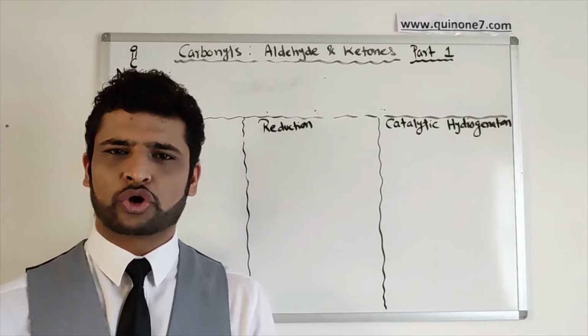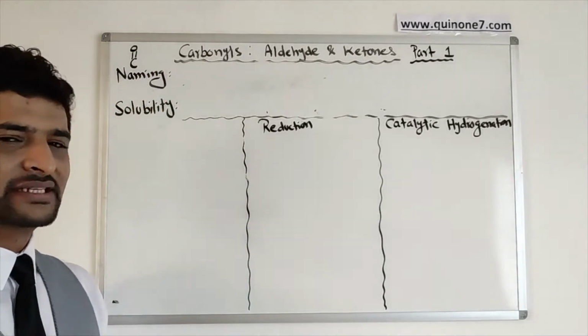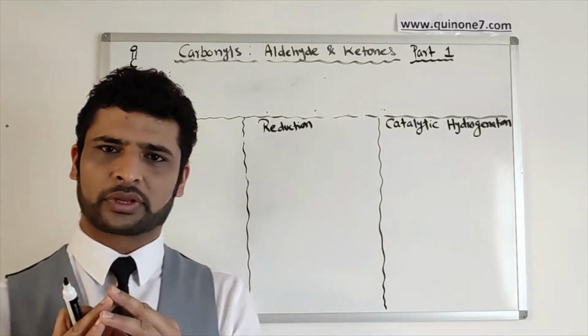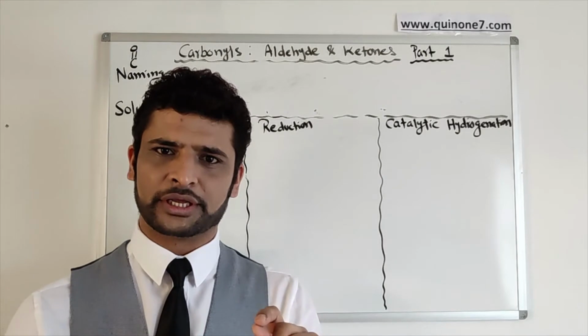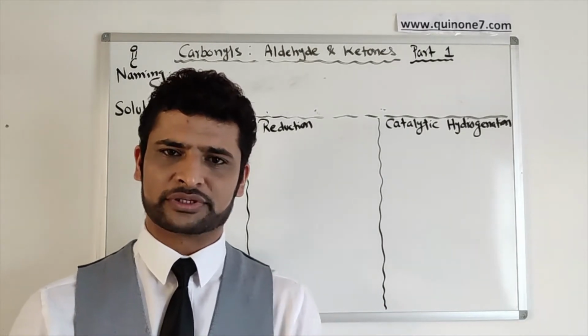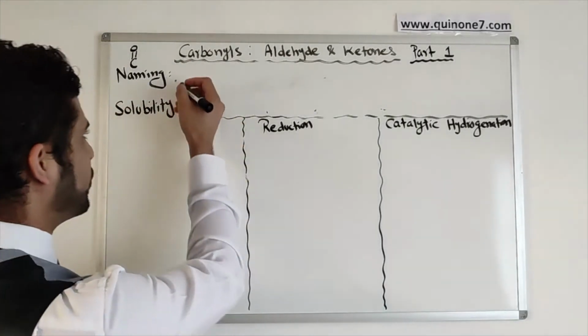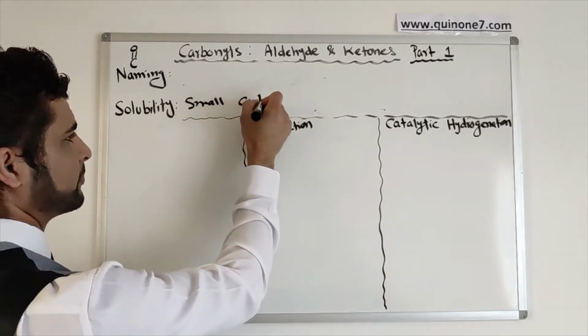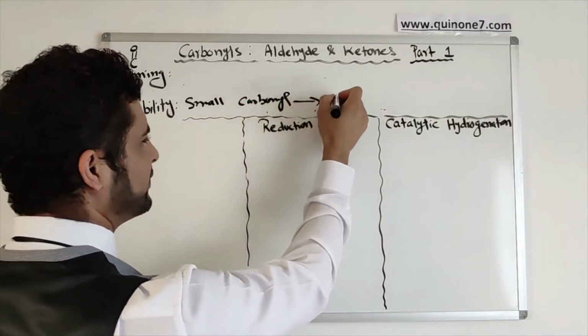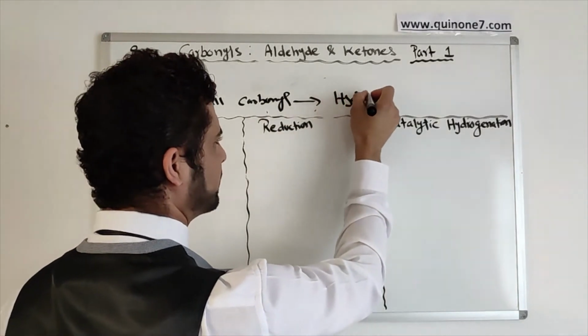Now we're going to look at the solubility of the carbonyls. The smaller the carbonyl is, the more soluble it will be. So the smaller the carbon chain is, the more soluble it will be, because the small carbonyls will make hydrogen bonding.